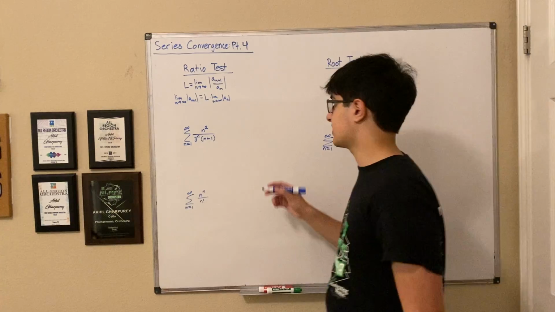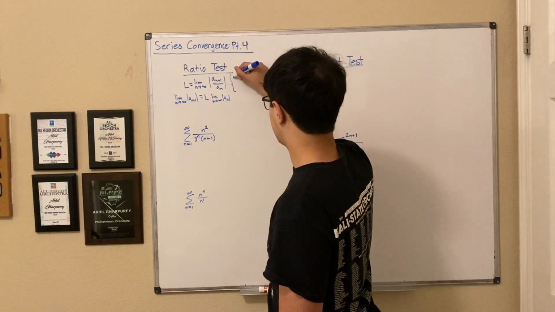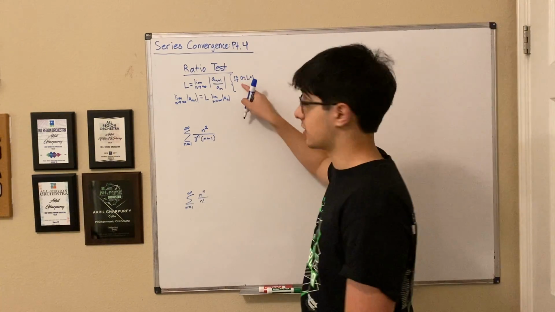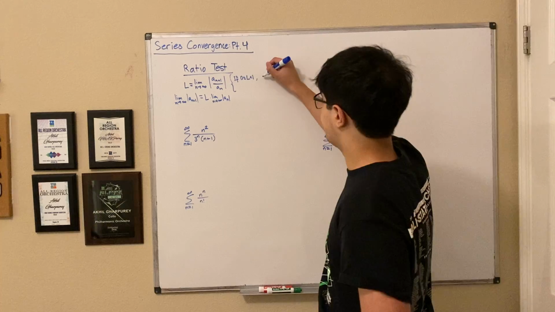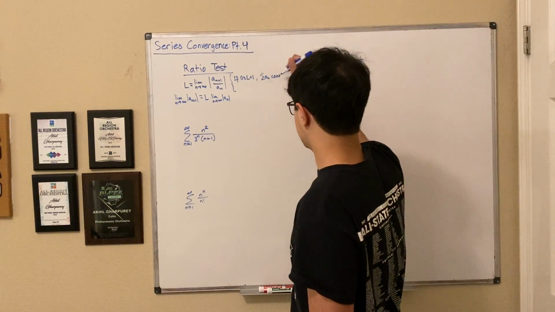And so here's the thing. This has three specific outcomes. We can say that if L is between 0 and 1, 0 included, then the series of a sub n converges.